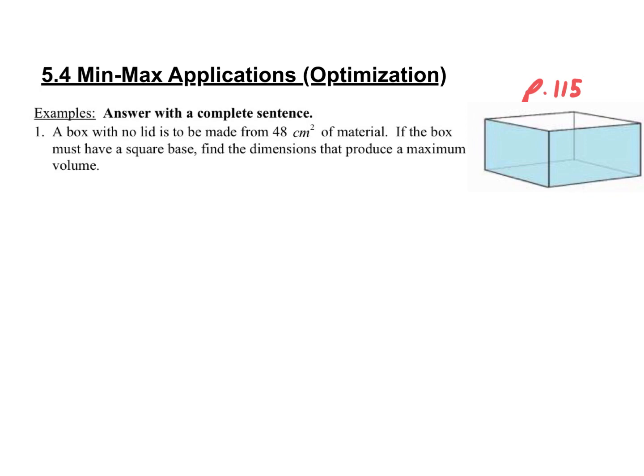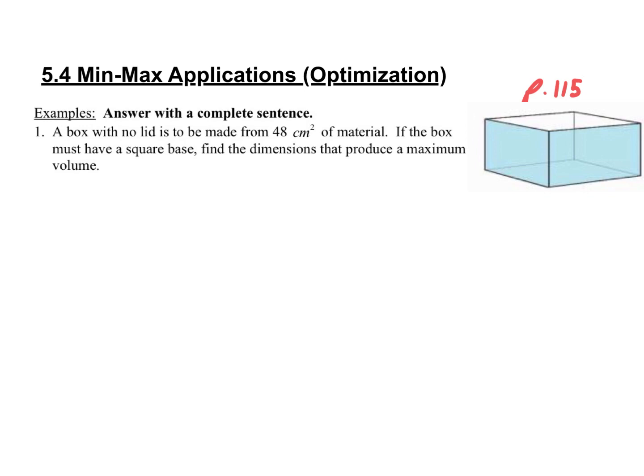So this has this flat piece of, do we know what it's being made out of? We don't know what it's being made out of. Material, yes. We'll call it cardboard, because boxes always seem to be made out of some form of cardboard. So we've got this sheet, 48 square centimeter sheet, that's going to be turned into a box.